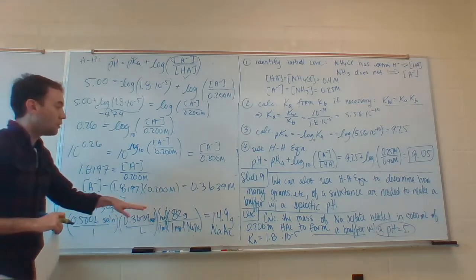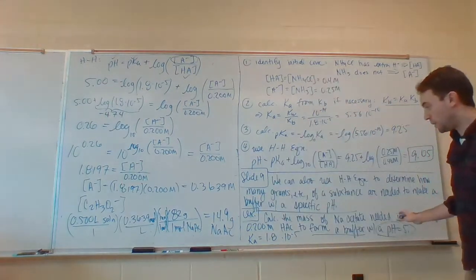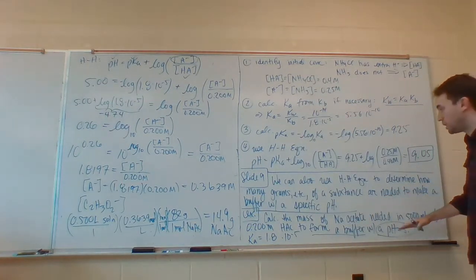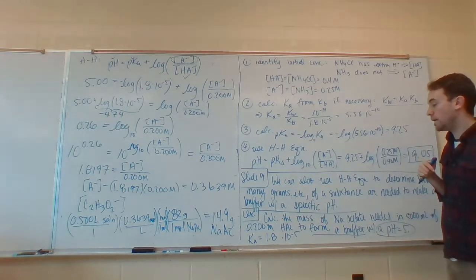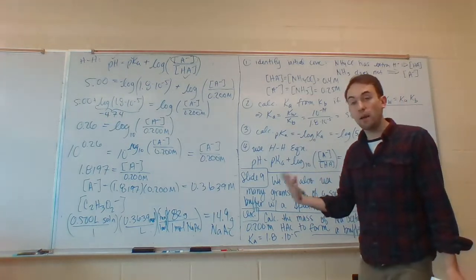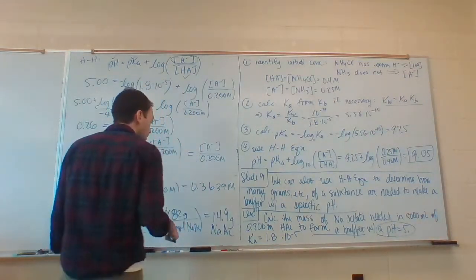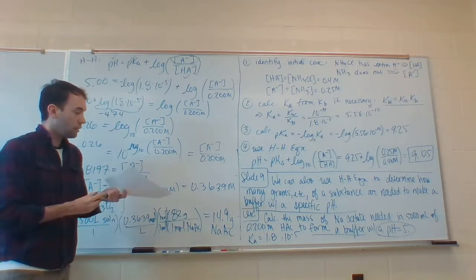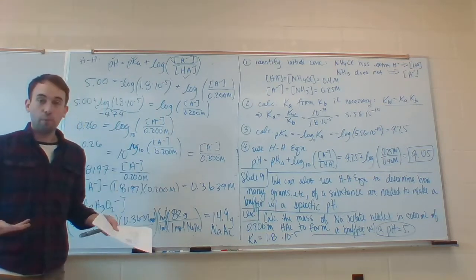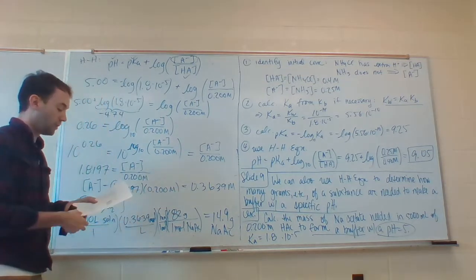All right, so that means that if we added 14.9 grams to this solution of the acetic acid, we would get a buffer that has a pH of 5. If we adjusted that amount of the sodium acetate, we would end up with a pH of a different value for this particular buffer.